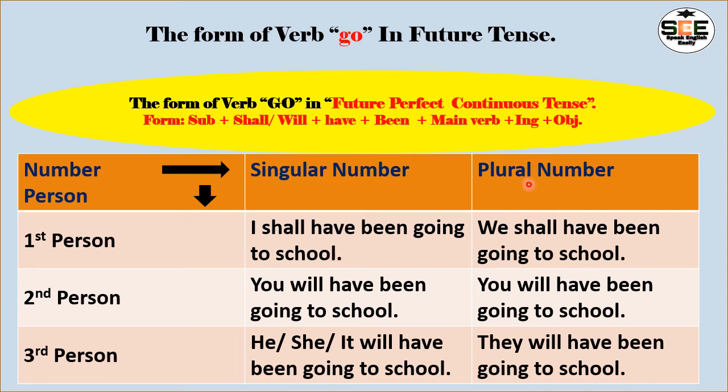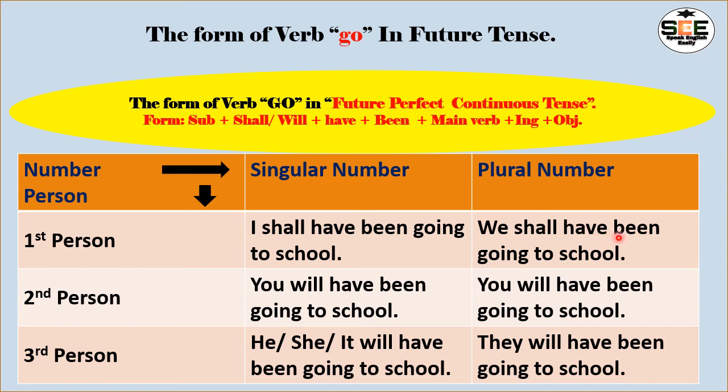Here is the plural number, the first person plural number: we shall have been going to school. Here we is the subject plus shall is the future tense indicator, we can say, and have is the helping verb.